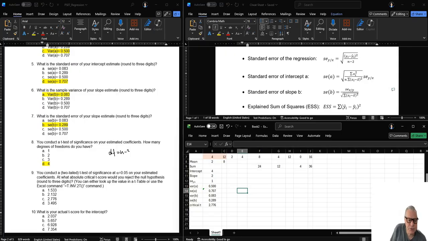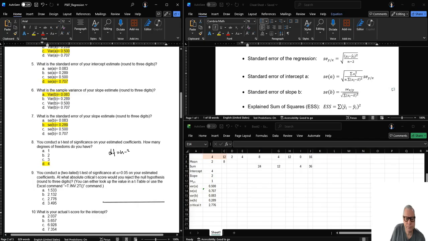So that means if we do a hypothesis test, we know that we need to look for a critical T to the left and to the right. So that's one T critical.